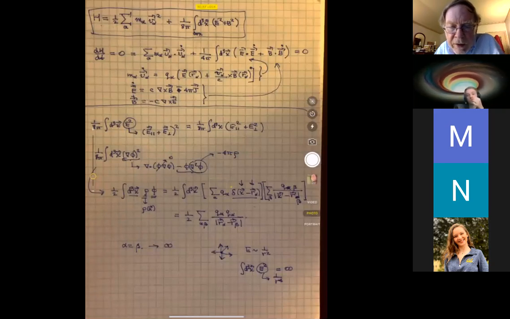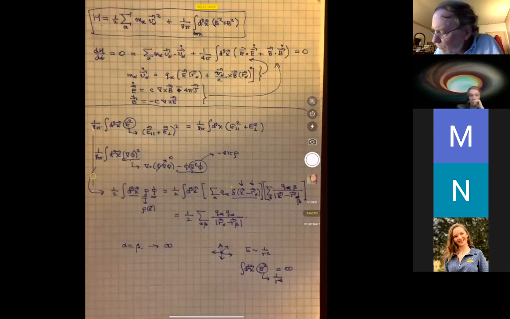This is a paradox of the notion of point particles and Coulomb fields in classical electrodynamics, but it's not just a paradox. It's a flaw, a logical inconsistency in classical electrodynamics of particles and fields.